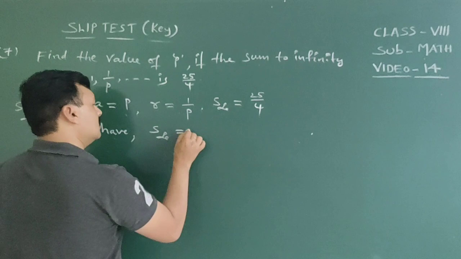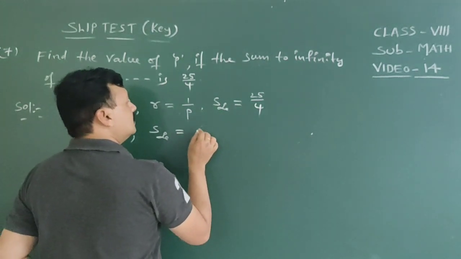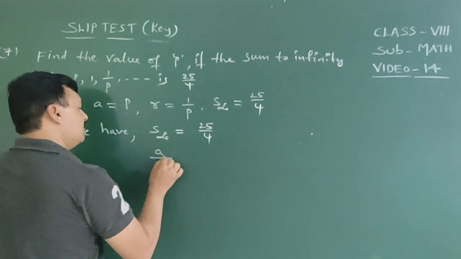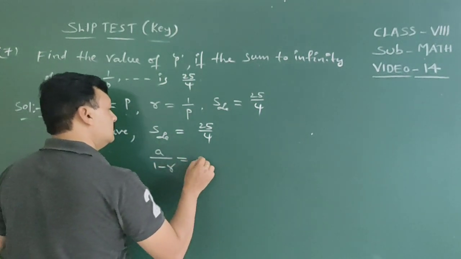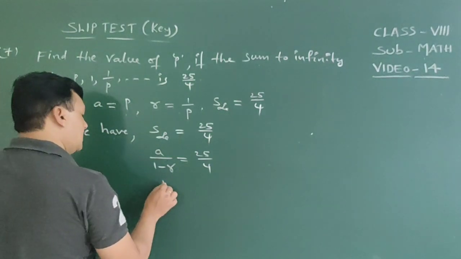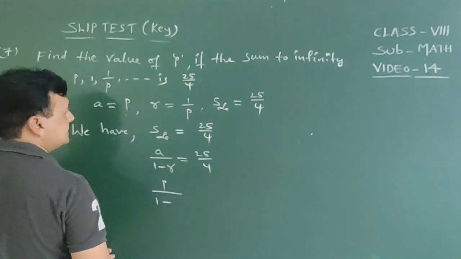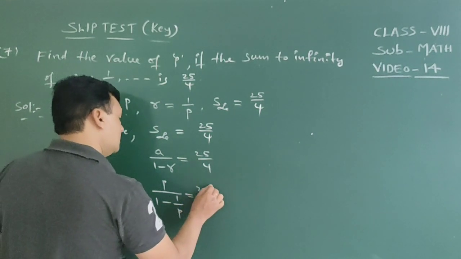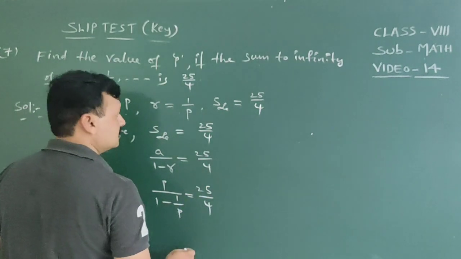S infinity equal to 25 by 4 they give, so a by 1 minus r equal to 25 by 4. Here a means p, 1 minus 1 by p equal to 25 by 4.